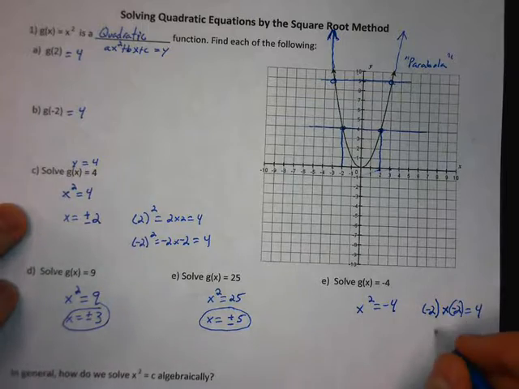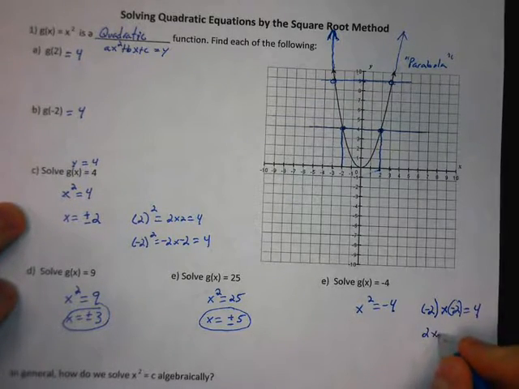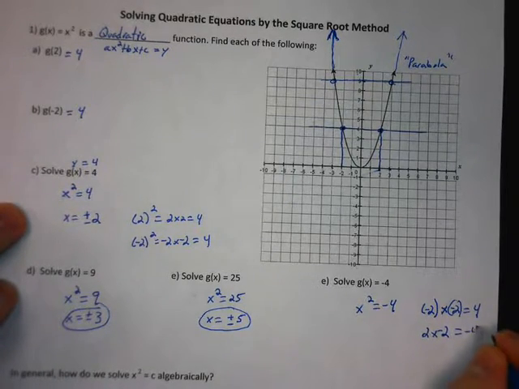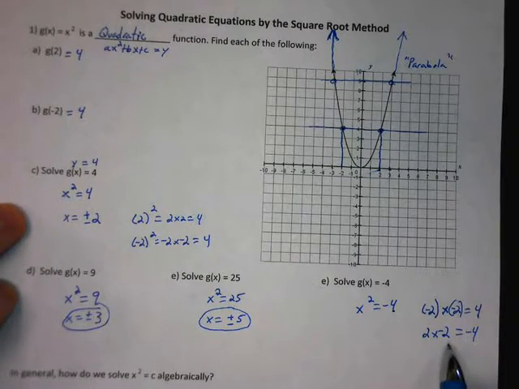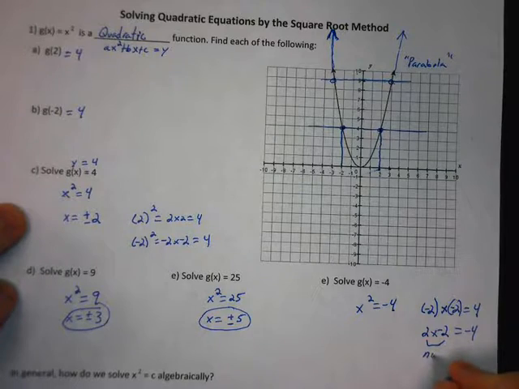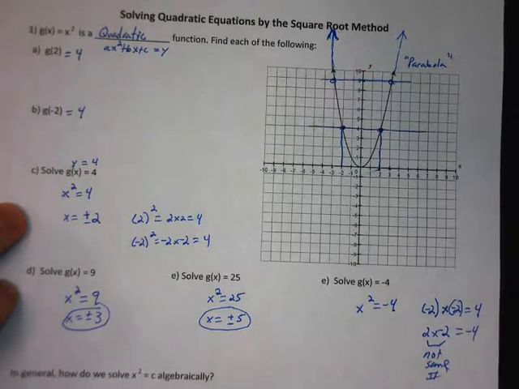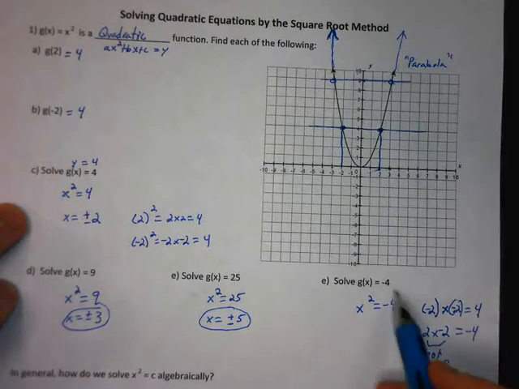And if you're thinking, well, gee, what about 2 and negative 2? So 2 times negative 2? Well, that equals negative 4. That's true. But 2 and negative 2, they're not the same number. So you can't use 2 and negative 2.